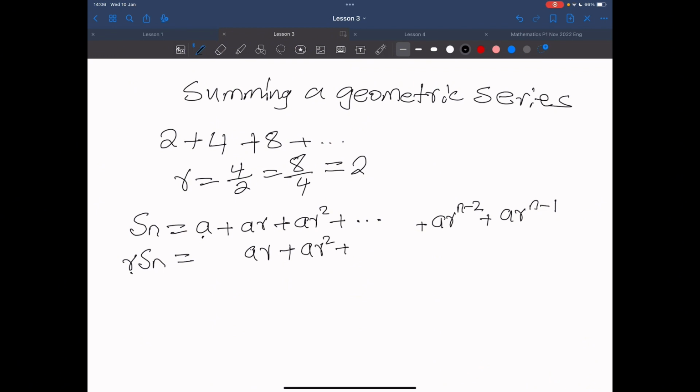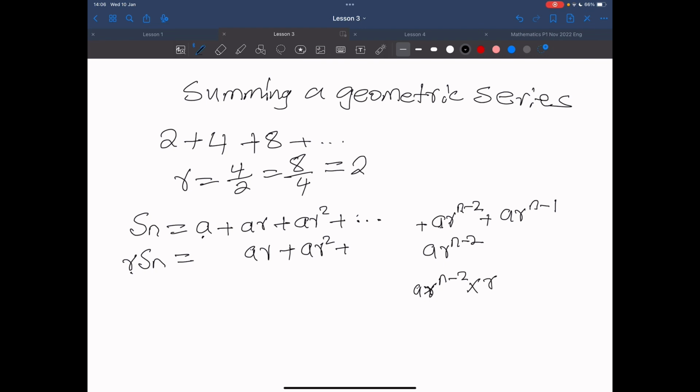Like that. In other words, the term before that will give us ar to the power n minus 2 after multiplying. Let's do it separately so that we can see it. ar exponent n minus 2 multiplied by r.